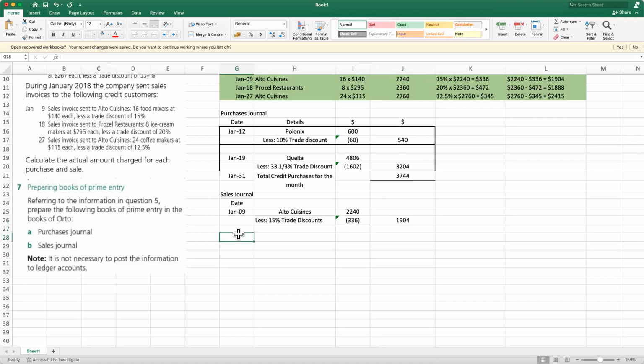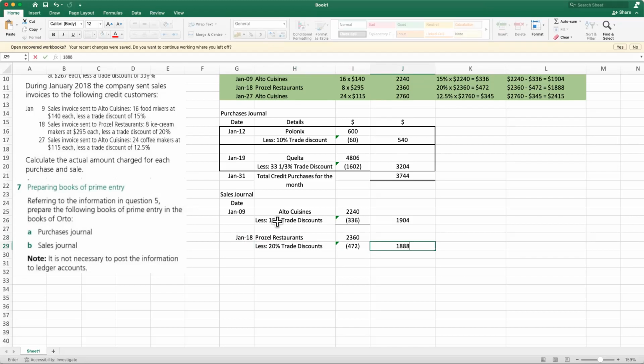So do the next one here, January 18, Roselle restaurants. Total amount will be 2,360, deduction of 472. This is less 20% trade discount. And the amount after that will be 1,808.